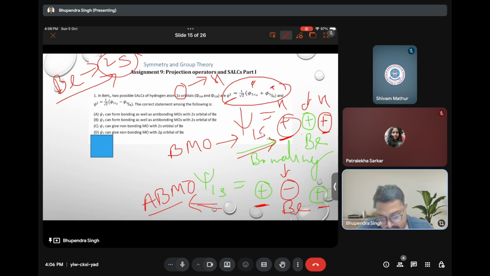So I think option one is correct. Psi 1 can form bonding as well as anti-bonding molecular orbital with 2s of Be. So option 1 according to me is correct.